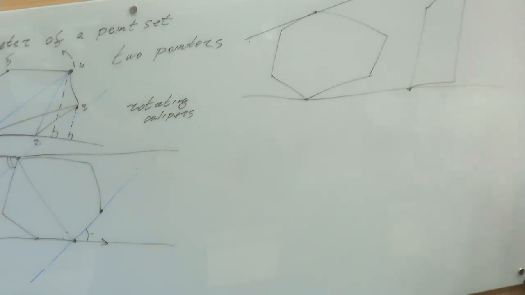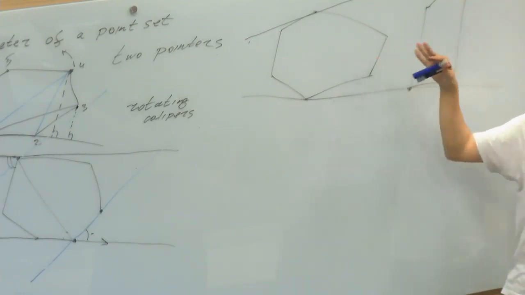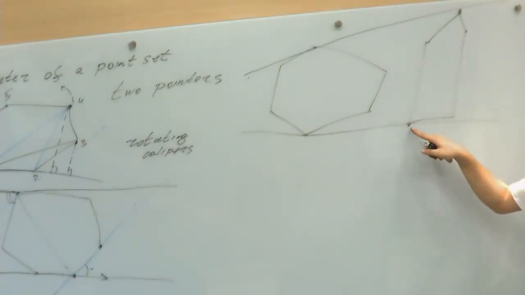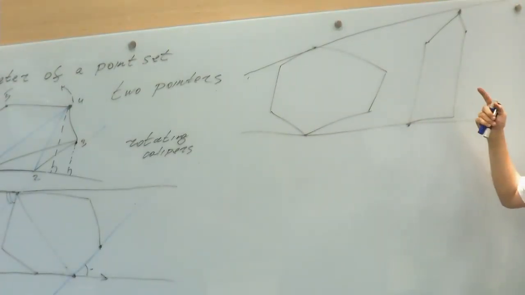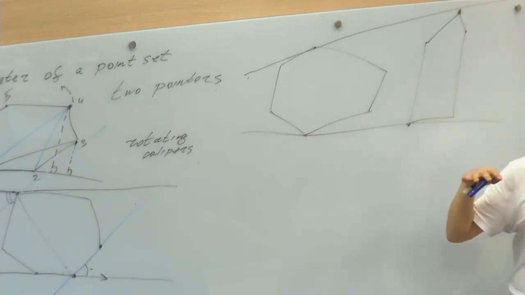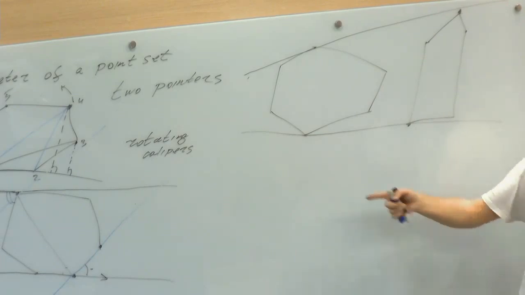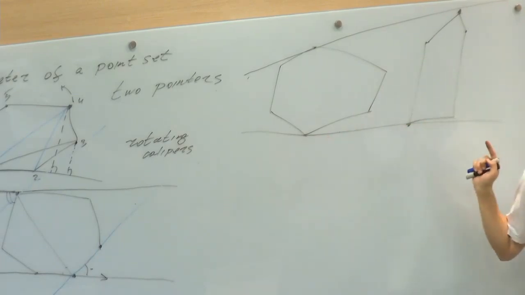So this can be done with rotating calipers, but instead of using just one polygon, we use vertices of both polygons. So we have a vertex somewhere here and the line, and basically whenever a caliper changes this base point from one polygon to another, this is where we find the common tangent.